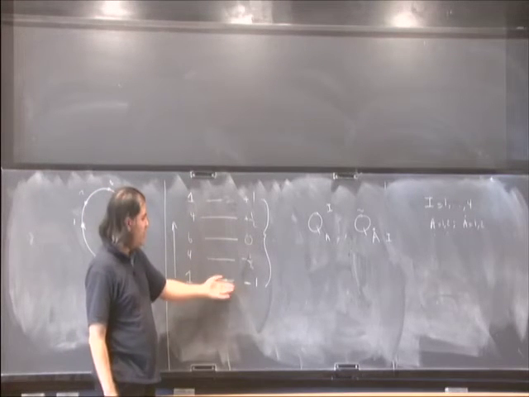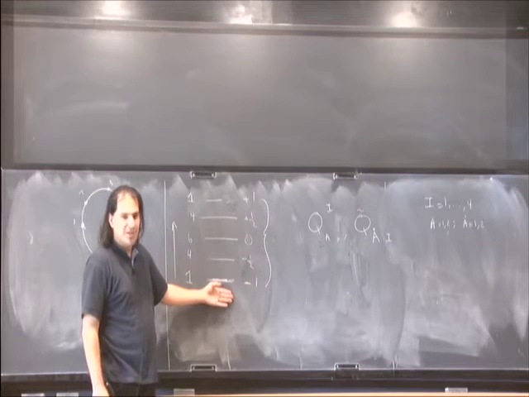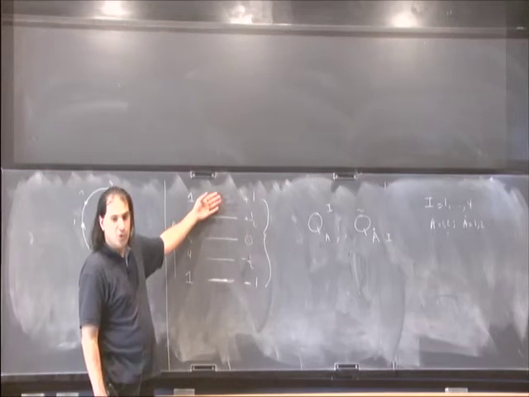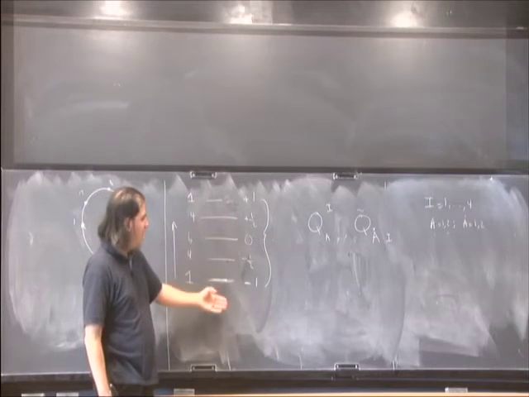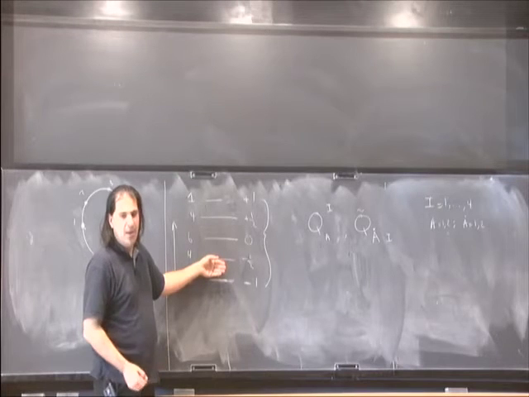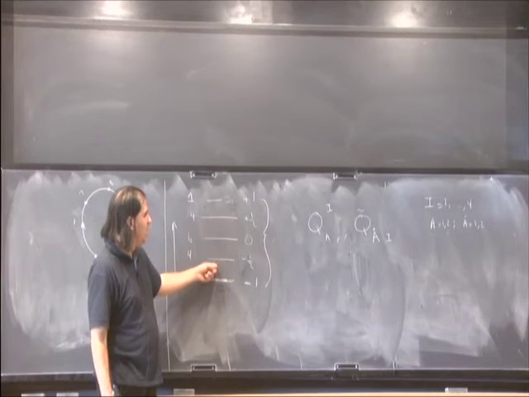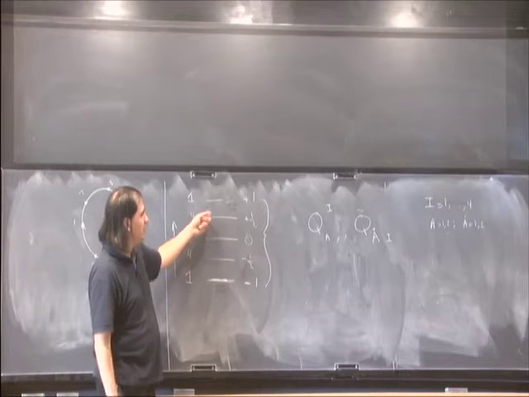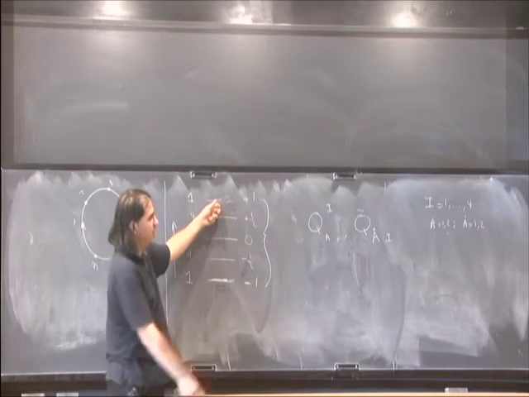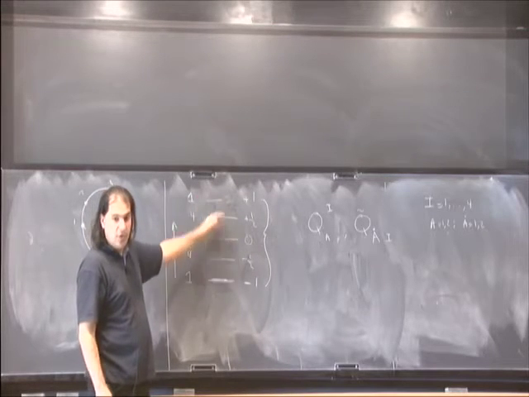For example, the bottom is annihilated, let's say, by Q. But we can use Q tildes to go all the way to the top. Every time I act with a Q tilde, it increases the spin by half. Because it's Grassmann, I can't square it, but I can use Q tilde 1, Q tilde 2, Q tilde 3, Q tilde 4. Those are the different I components to take me from negative helicity to positive helicity, or the other way around.